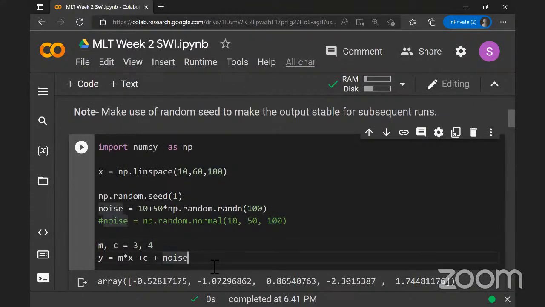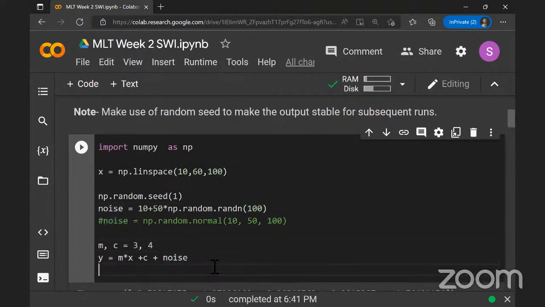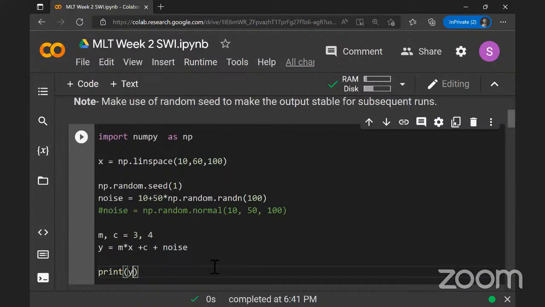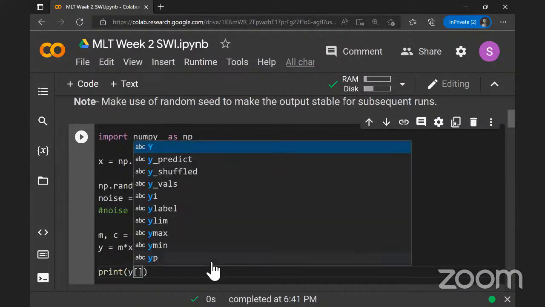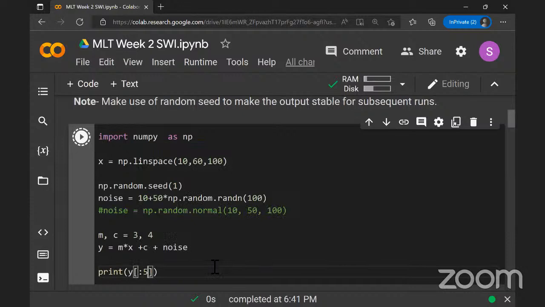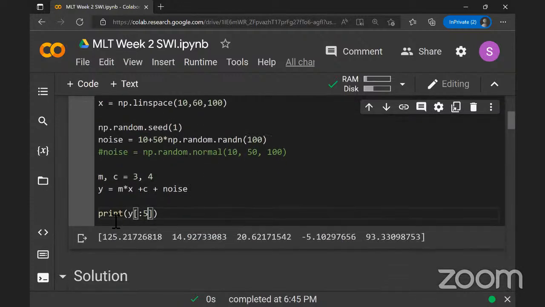Okay, now we have done it. We are clear with the logic. Let's print some of the values. This is what is coming out.